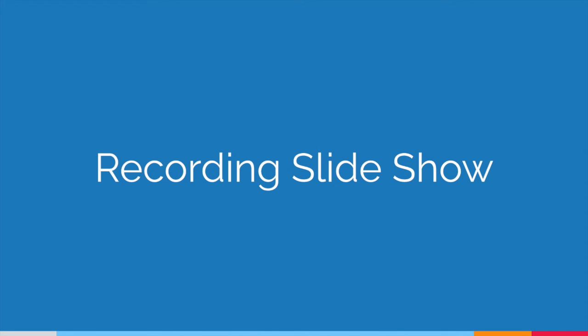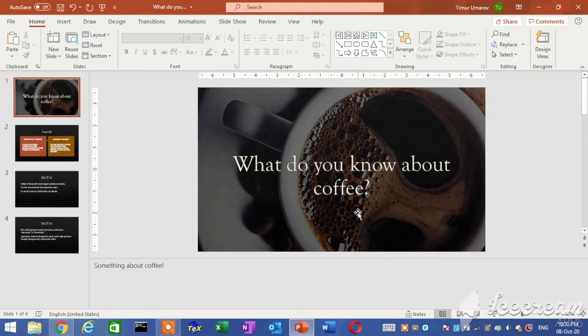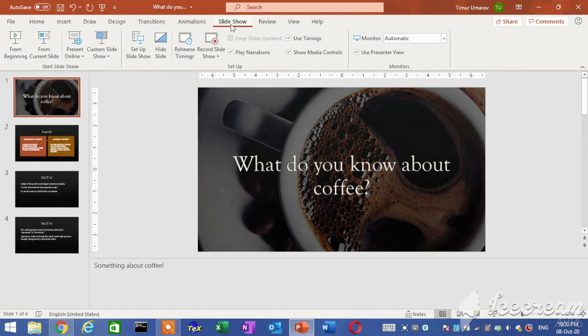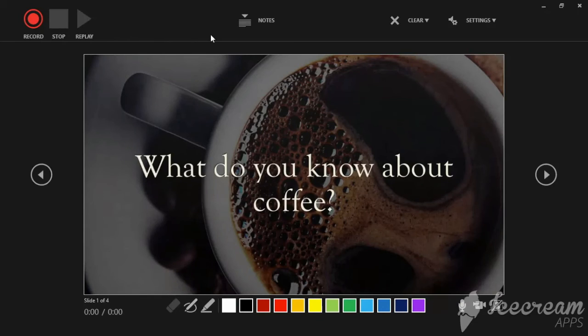Recording slideshow. If you are not presenting in person, you can record your slides. On the Slideshow tab, in the Setup group, click Record Slideshow. There you can start to record slides and your voice with video on or off.